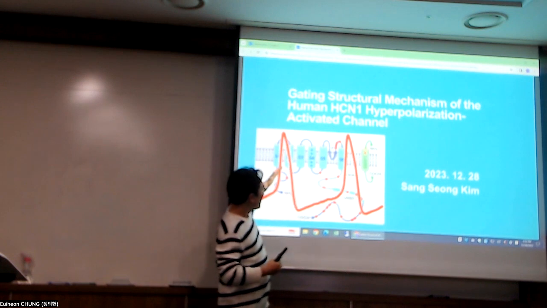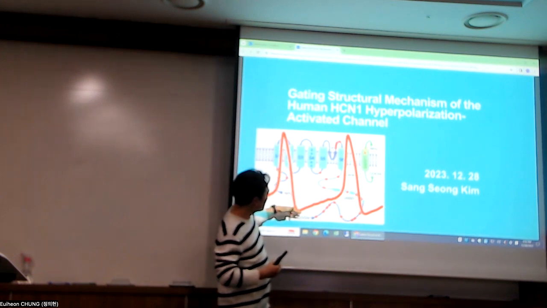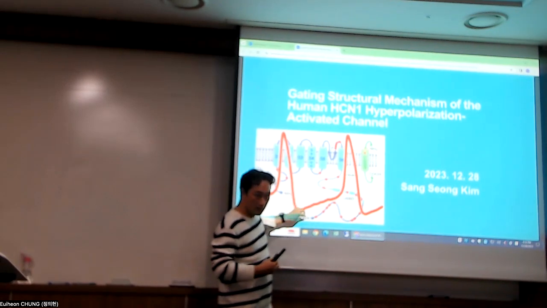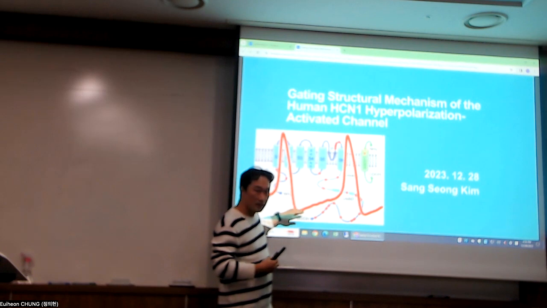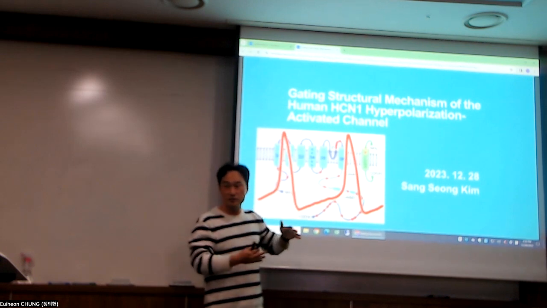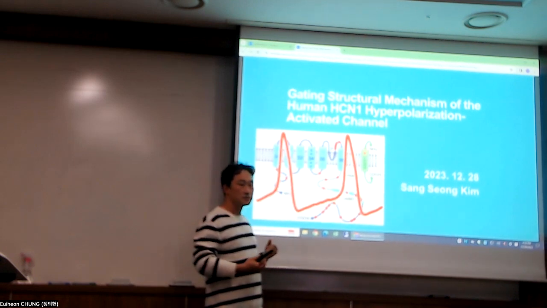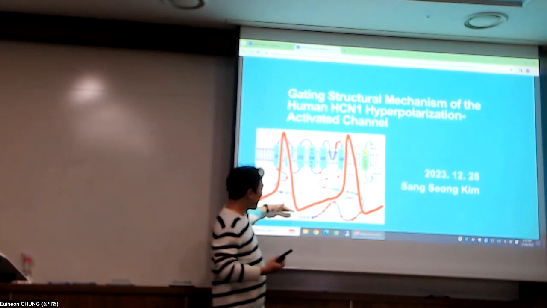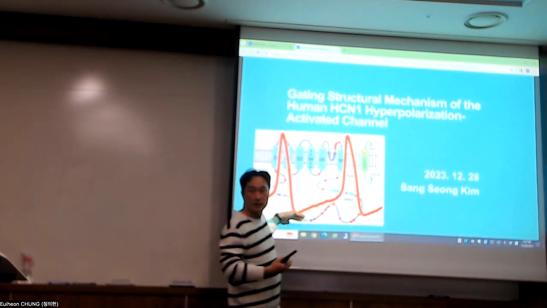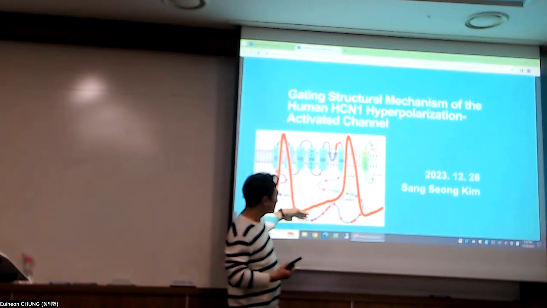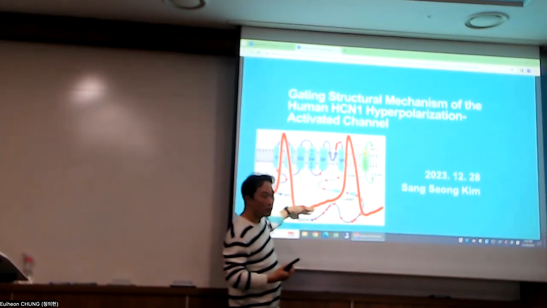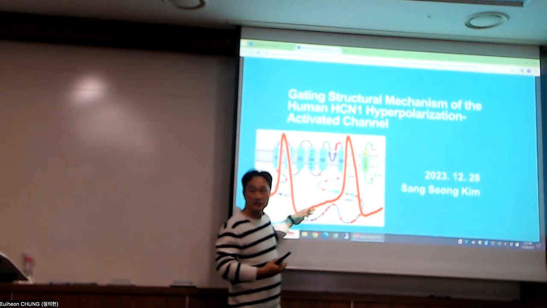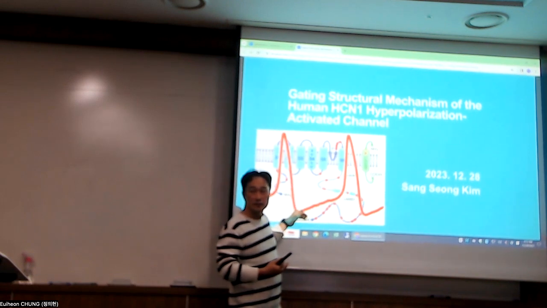And then, okay, once this HCN channel opens, it's a non-selective cation channel, so it allows the influx of sodium, so it elevates the resting potential of these neurons. And then what type of channel relates after activation of the HCN channel?